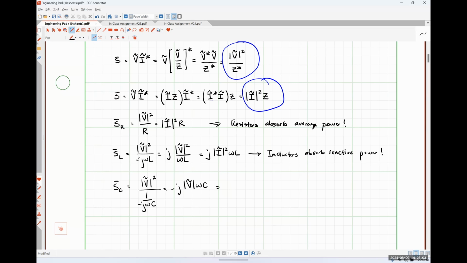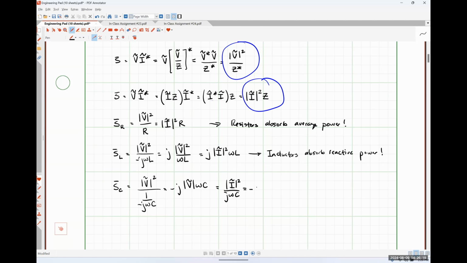And in terms of current, we are going to have the magnitude of the current squared divided by j omega C. And as we just mentioned a moment ago, 1 over j is the same thing as negative j.